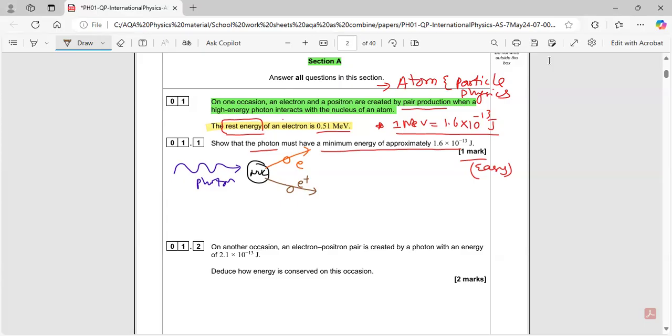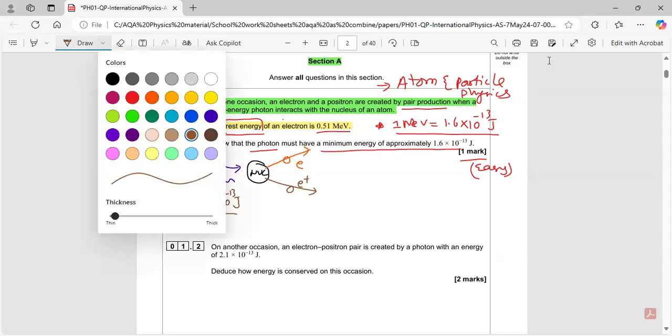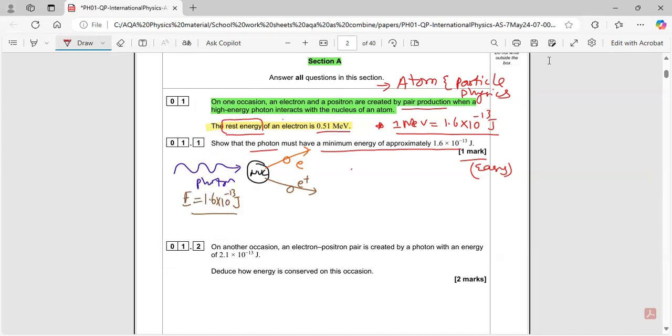What you have to show is that this photon must have a minimum energy of 1.6 times 10 to the power minus 13 joule in order to create these two. The rest mass energy of one of them is given. We know that the particle and antiparticle both have the same mass, right? If they have the same mass, like electron and positron, then they have the same rest mass energy.